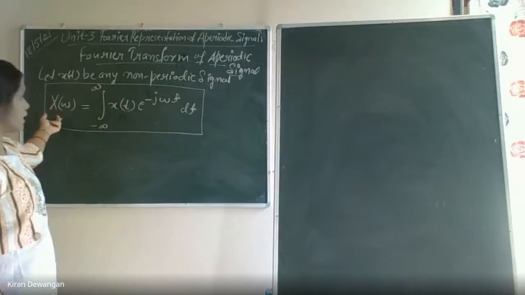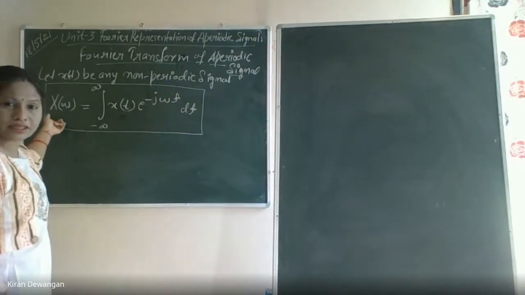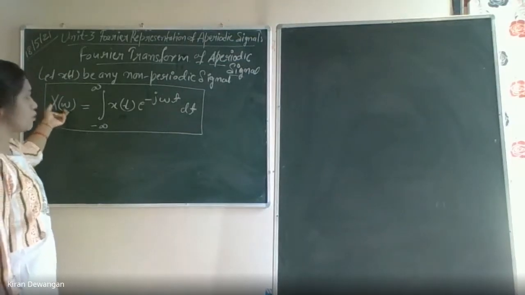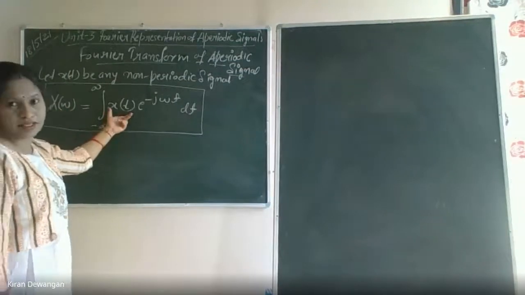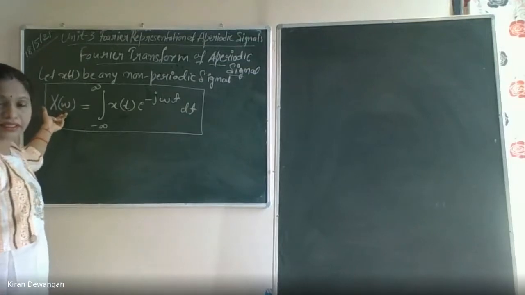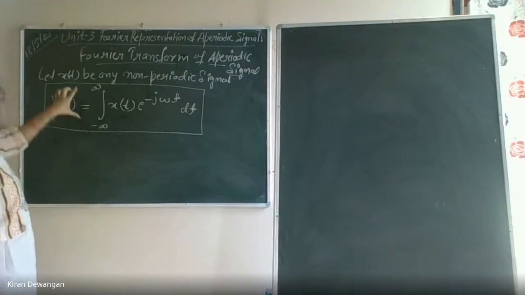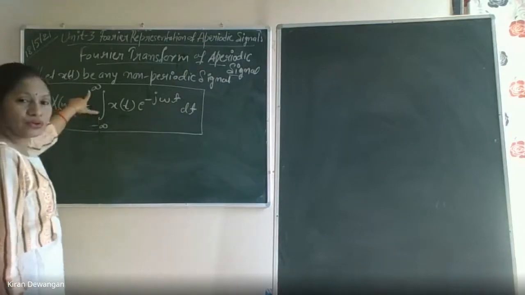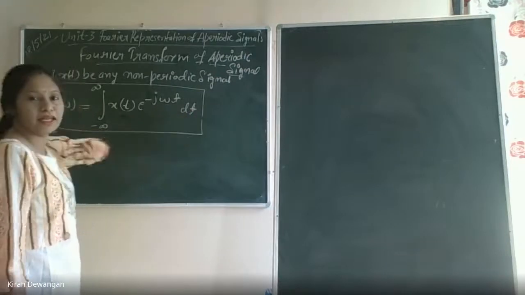And what are we obtaining now? We are obtaining the X of omega of it. X of omega is the frequency domain transformation of x of t. So X of omega is the Fourier transform of x of t, and the formula for converting is the integration from minus infinity to infinity of x of t into e to the power minus j omega t dt.